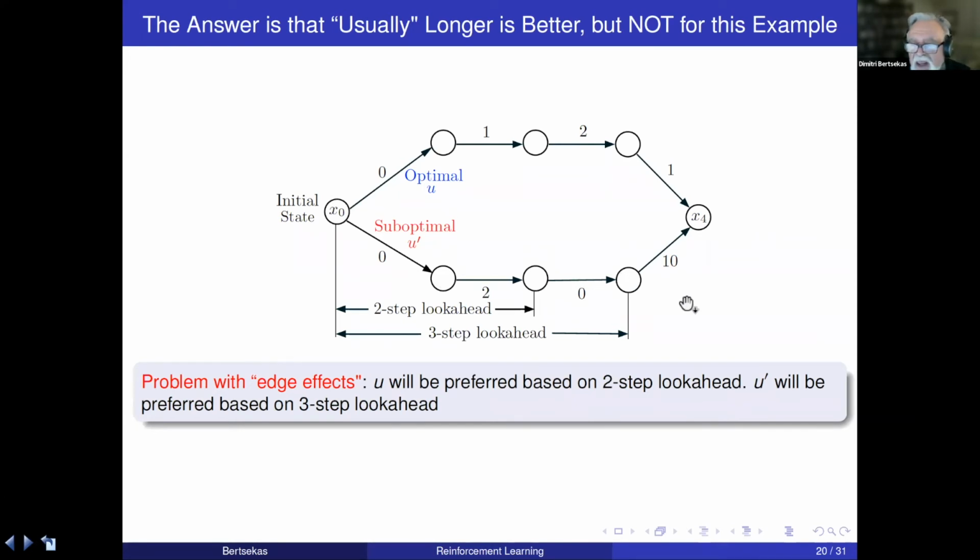And what's happening here is that multi-step look ahead has perhaps sometimes problems with edge effects. What's happening at the edge of the look ahead? In this case, at the edge of three-step look ahead, there's a bad transition waiting to happen, but we never take it into account. We just look at the three transitions here. On the other hand, with two-step look ahead, I look up to here and up to here, but the suboptimal policy happens to have a small transition cost waiting after that.